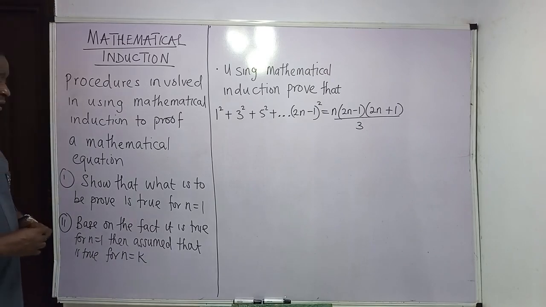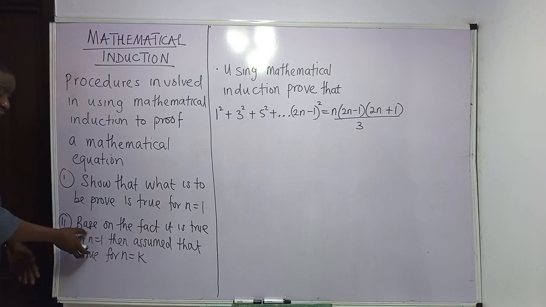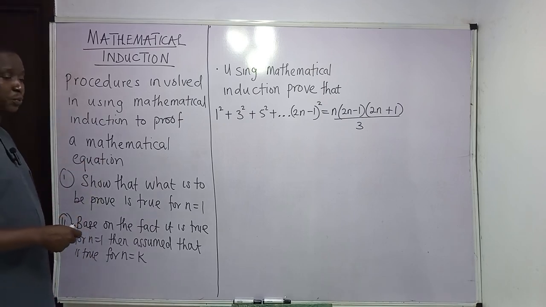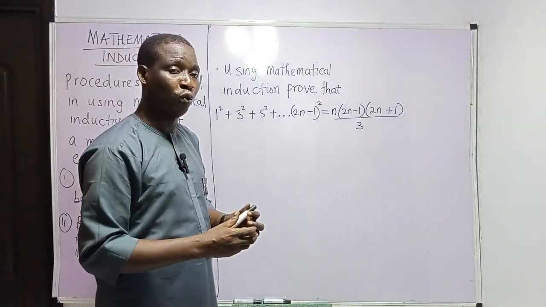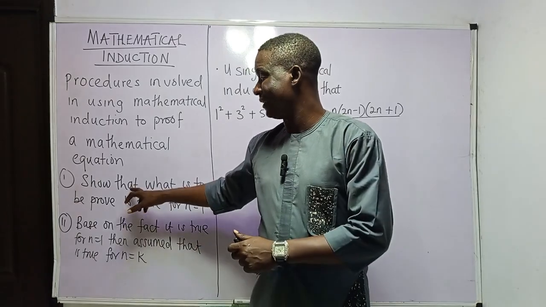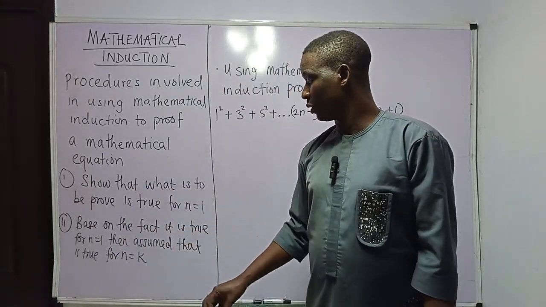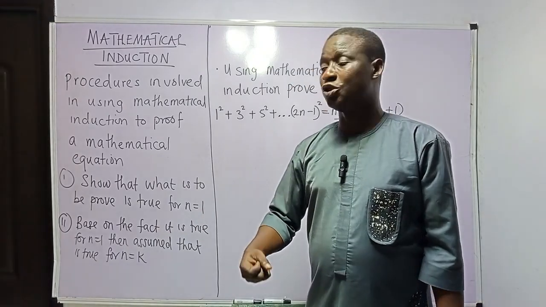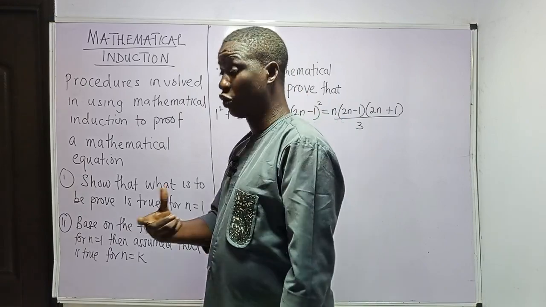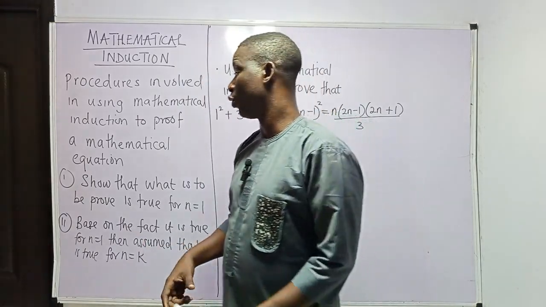That means that this second step depends on the first step of the procedure of mathematical induction. So if number one is valid, then you go ahead with number two, which is to assume that it is true for n equals k.